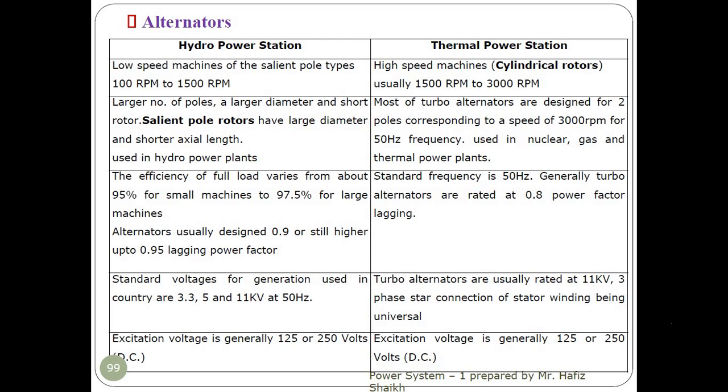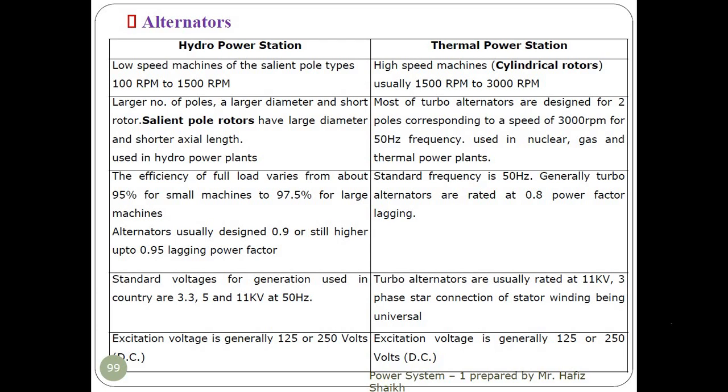A larger number of poles, a larger diameter and short rotor type of alternator is used in hydropower station. Salient pole rotors have large diameter and shorter axial length, used in hydropower plants.